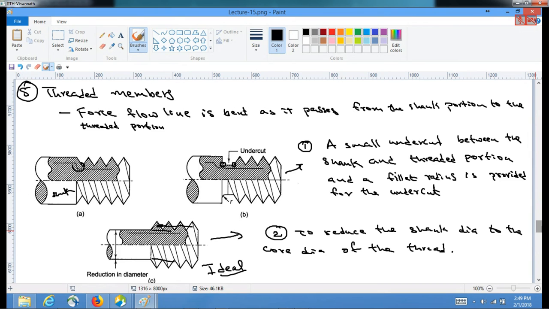So these are the main manufacturing considerations. But even after this removal of materials or these kind of measures one has taken, still sometimes you are left with some amount of stress concentration compared to the normal ones.